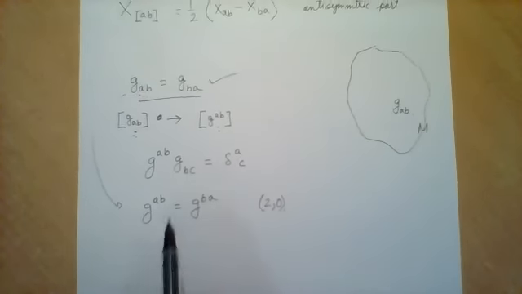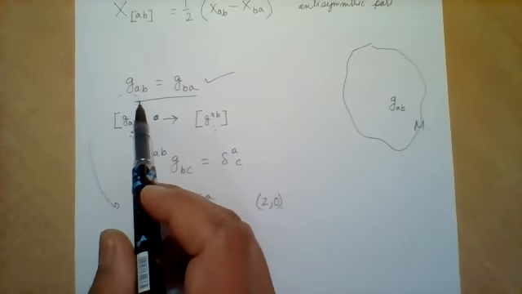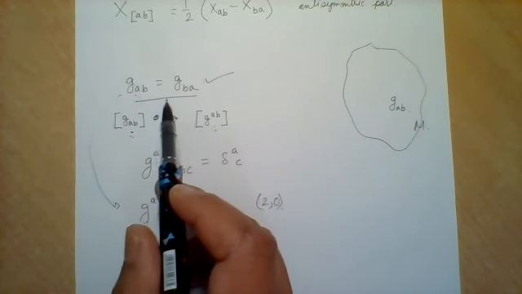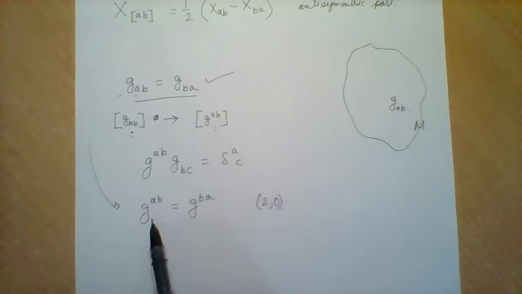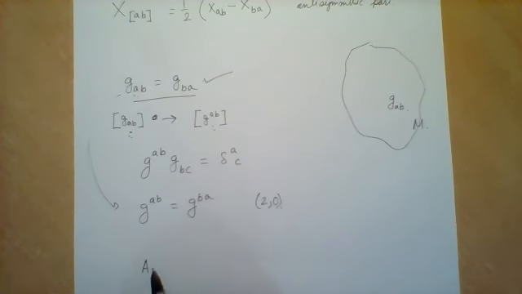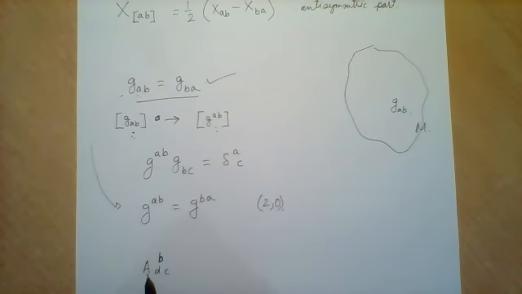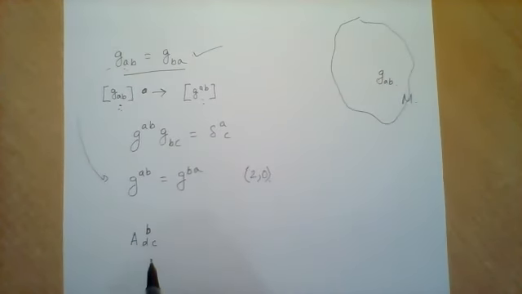The metric tensor with components GAB can be used to lower suffixes, and the metric tensor with components G superscript AB can be used to raise suffixes. For example, suppose I have a tensor A^B_C^D of type 1,2.